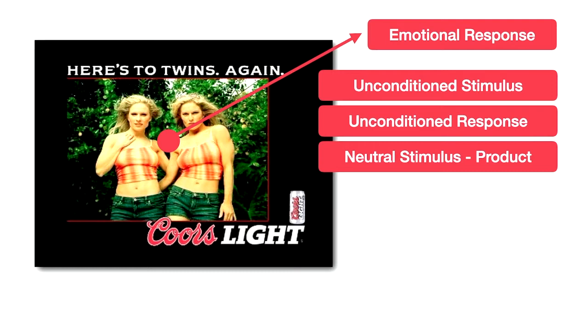So those logos alone are sometimes the attractive component. And that's the difference. It's kind of a goal of many products to become a brand so that the brand itself is recognized and elicits that emotional response. But until then, we have to pair them here. The neutral stimulus is the product.